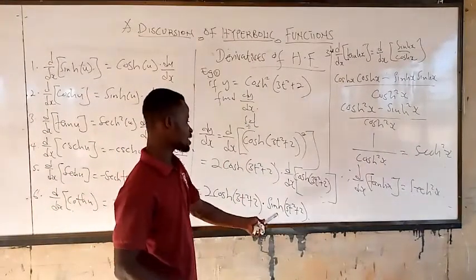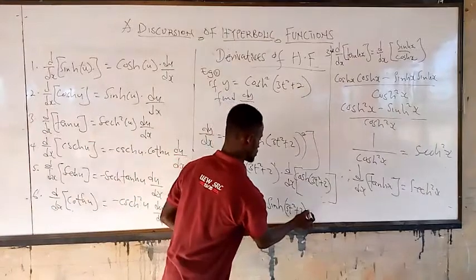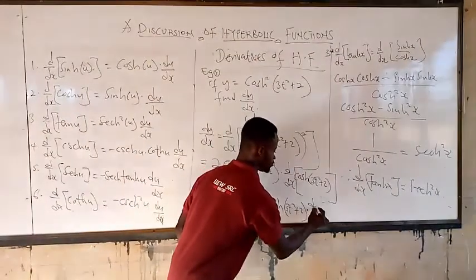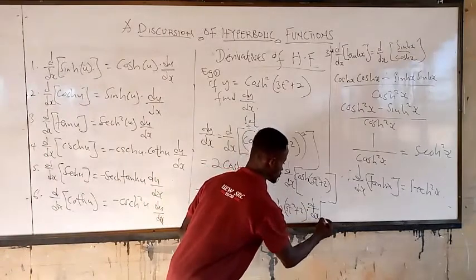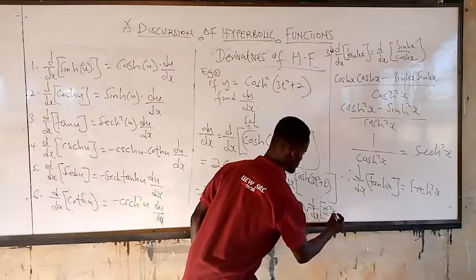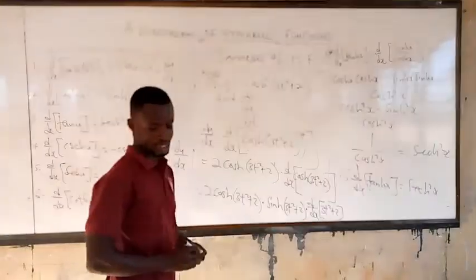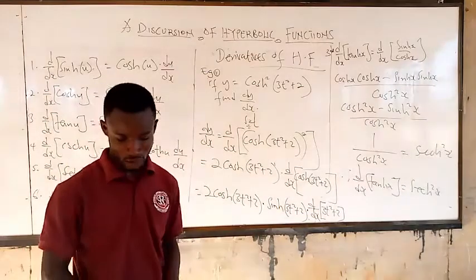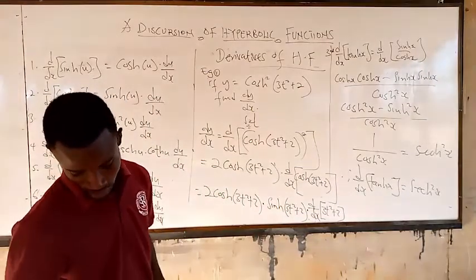And when you get sinh of this, then you take the derivative of the inside here, which is 3t squared plus 2. Hope you can see from there. Very good. And that is what you are going to get for that.